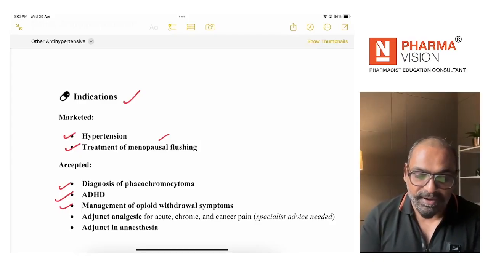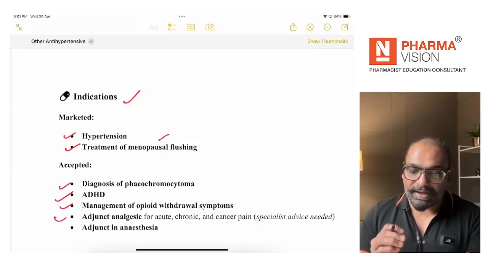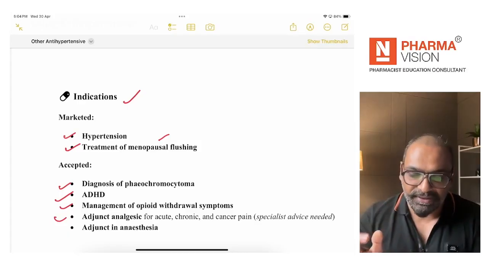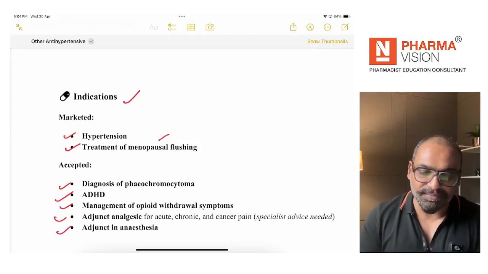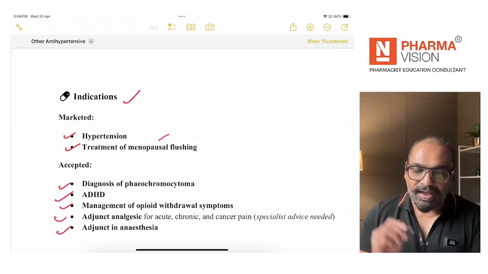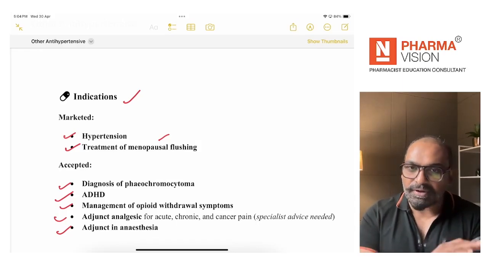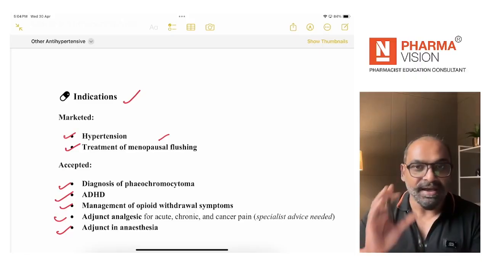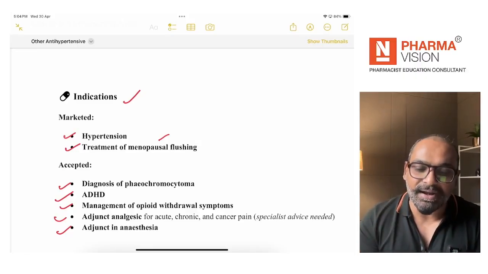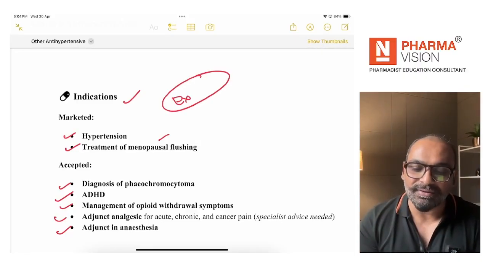It is also used as an adjunct with analgesics and as an adjunct in anesthesia. That means Clonidine has diversified use cases, which is why it is an ideal candidate for your exam preparation.